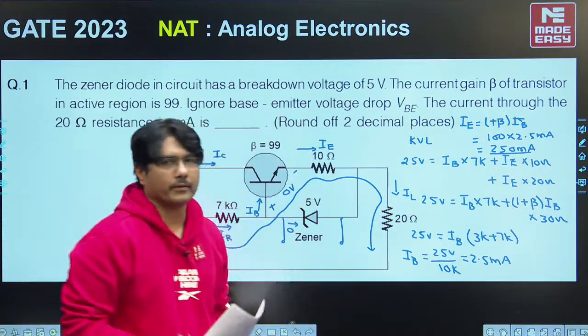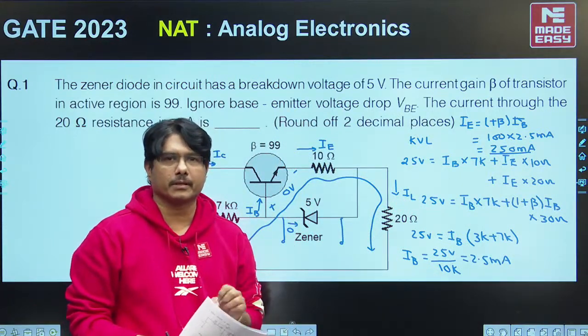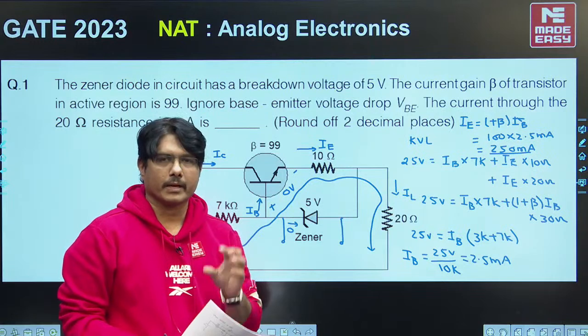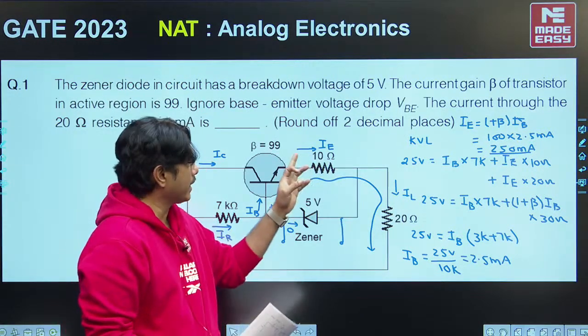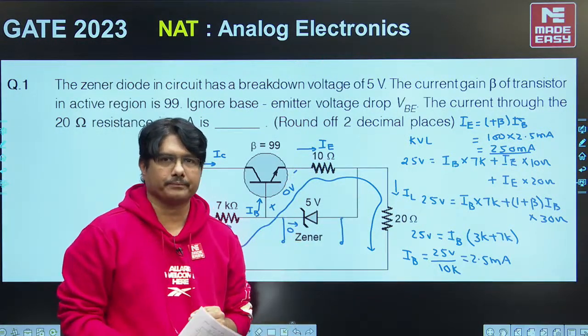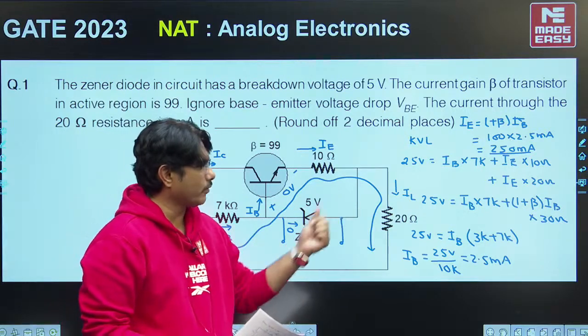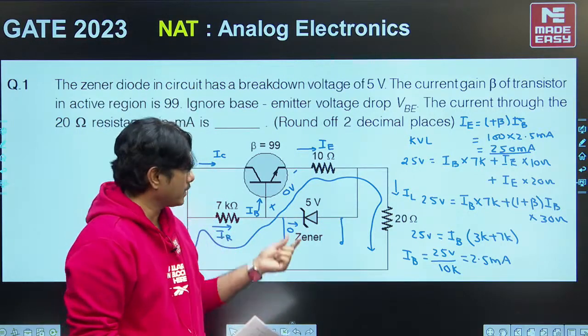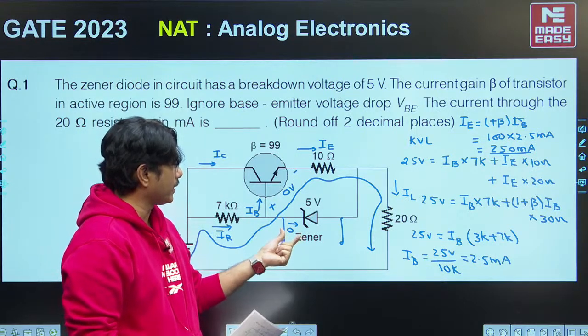So this is the current we got, but we have made an assumption that the Zener is on or off, we do not know. If it is off, IE and IL will both be the same. So your answer is the current across the load, as the question asks. So let us simply test this circuit voltage.